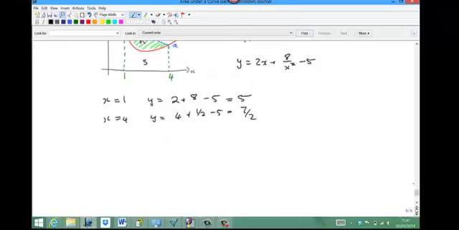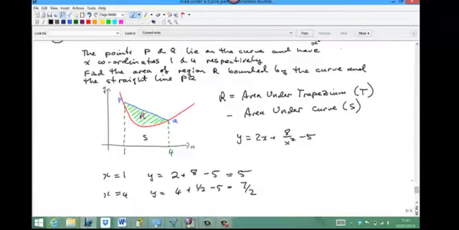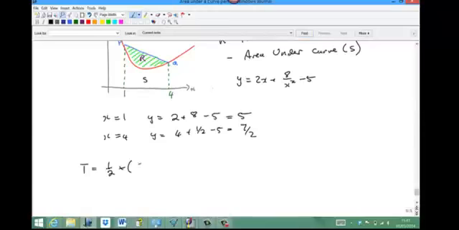So the area of the trapezium T is equal to half times the sum of the parallel sides, that is the y-coordinate of P plus the y-coordinate of Q, so that's 5 plus 7 over 2, times the distance between them, which is 4 minus 1, 3. That equals half times 17 over 2 times 3, which is 51 over 4.